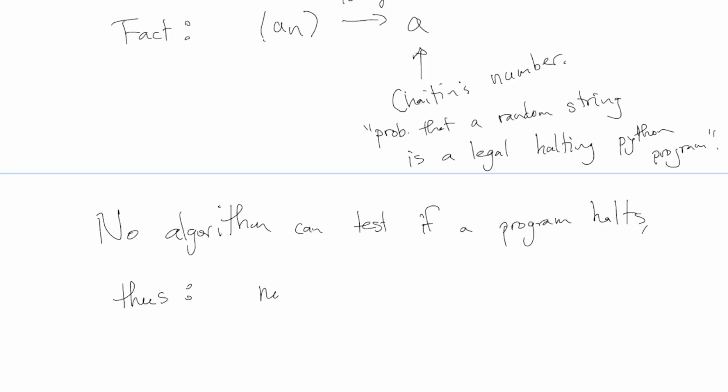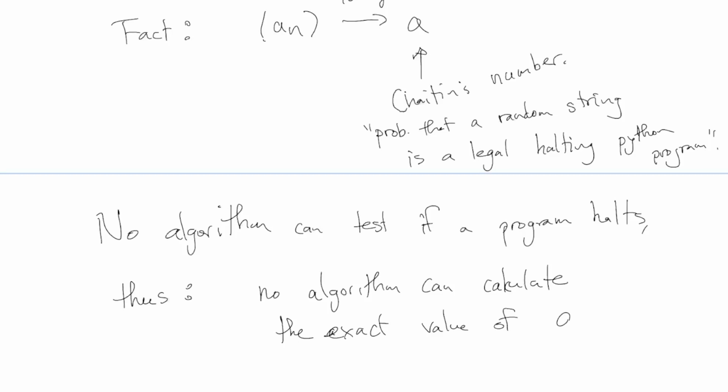Thus, no algorithm can calculate the exact value of this number, A. That number represents the probability that programs will halt or not, and it's not possible to measure that probability, which means no algorithm can calculate the exact value of this number.